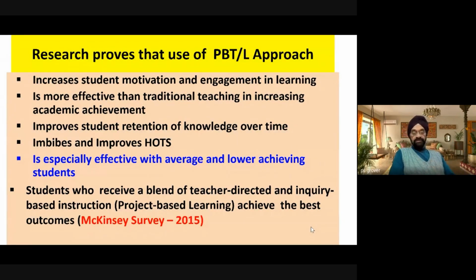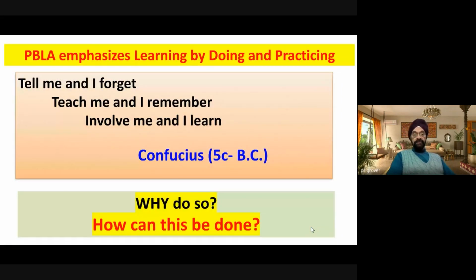But there are average students and low achieving students. When those students are given something to do with their hands, they learn better. In fact, students who receive a blend of teacher-directed and inquiry-based instruction, that is project-based learning, achieve the best outcomes. This was a study carried out by McKinsey six or seven years back.